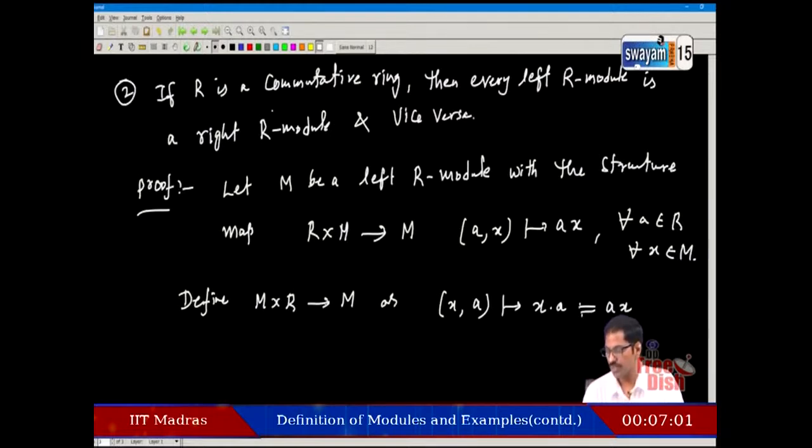Okay, I am just using this notation. So let us define x dot a as ax, where ax is the left R module structure scalar multiplication.